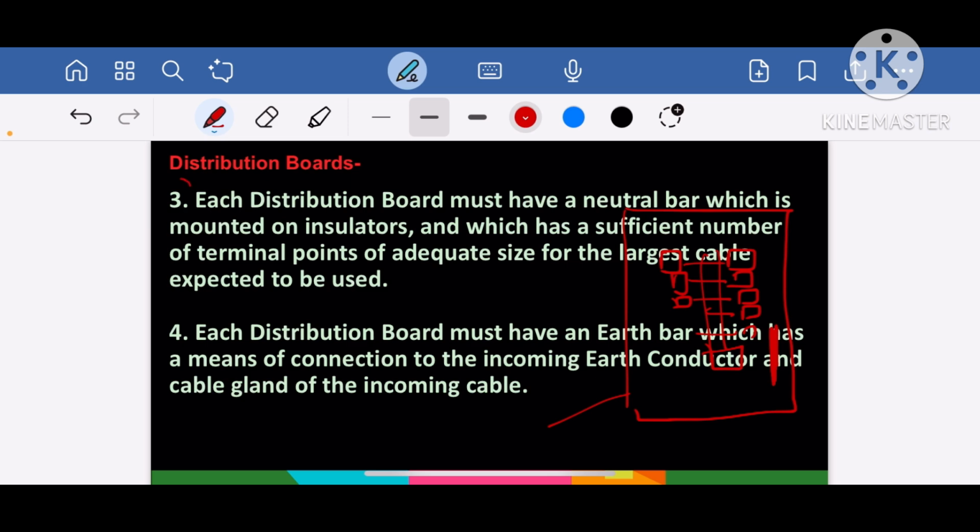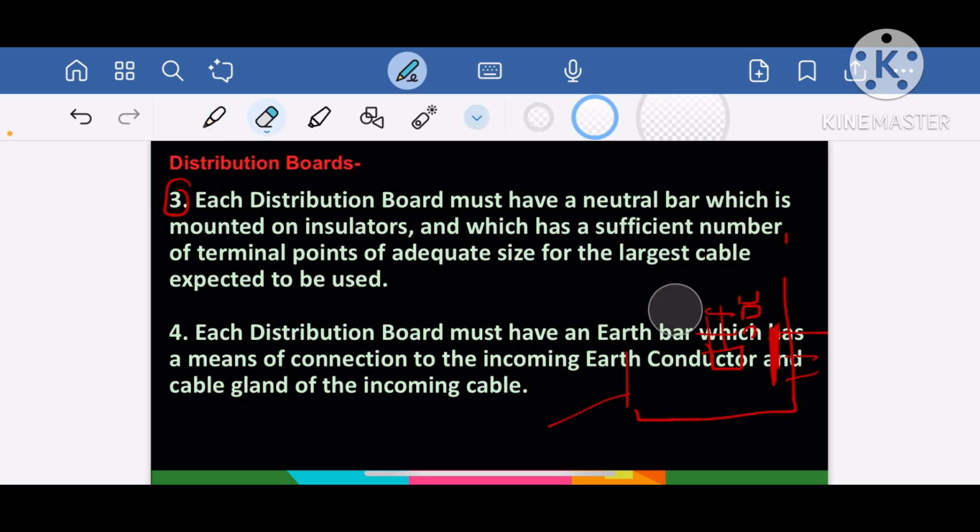This point is related to the neutral link, which should be mounted on the enclosure using insulators and should have a sufficient number of ports to terminate the neutrals of each outgoing and the incomer.